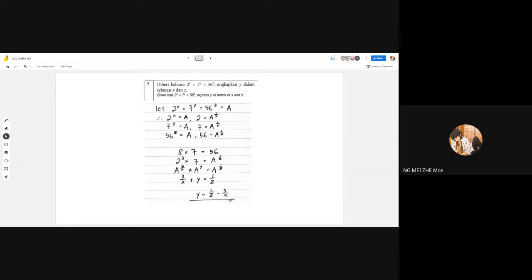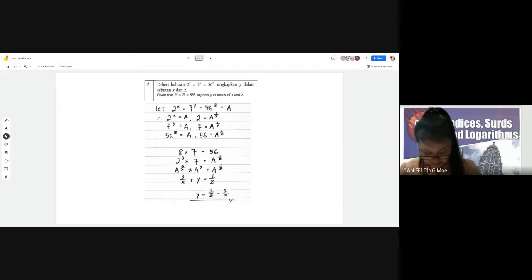Then I substitute the 2 and 7 with a power of 1 over x and a power of 1 over y. Therefore, a power of 3 over x times a power of 1 over y equals a power of 1 over z. The bases are the same, so I take the powers to form another equation, which is 3 over x plus 1 over y equals 1 over z. Then I make y the subject, so y equals 1 over z minus 3 over x.